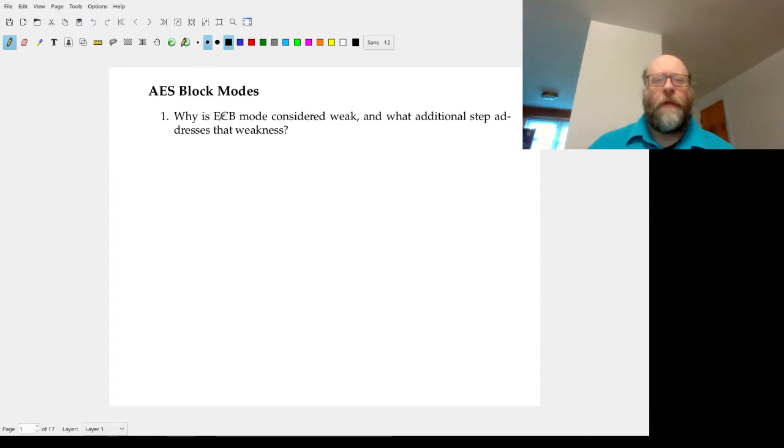So, in terms of block modes, why is ECB mode considered weak, and what additional step addresses that weakness? In ECB mode, we start with a plain text, divide it into blocks, and then we encrypt each block, and then come out with a ciphertext.